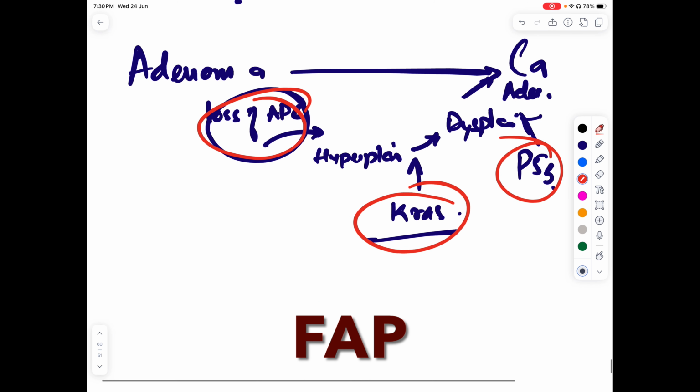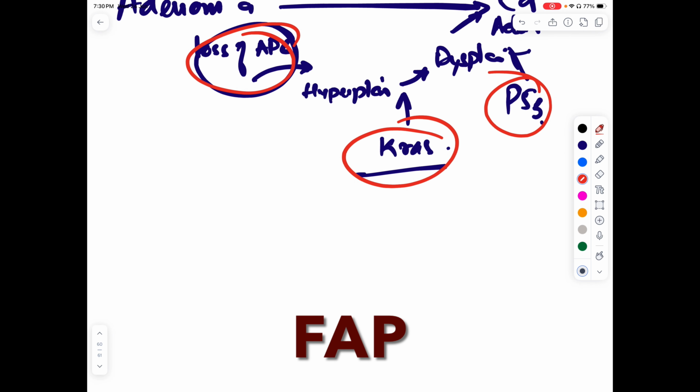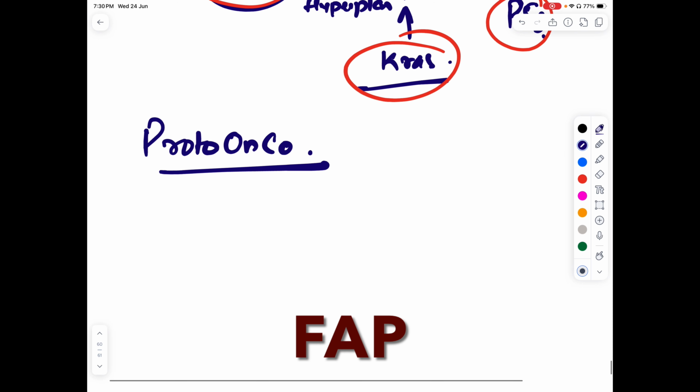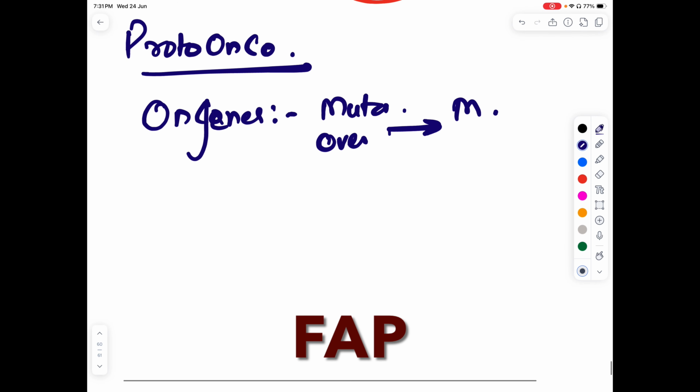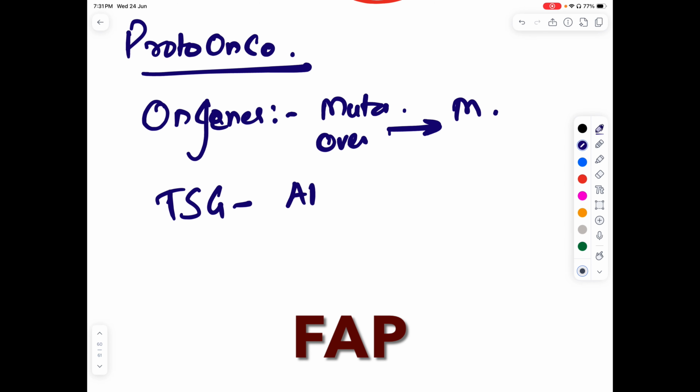What are proto-oncogenes? Proto-oncogenes are normal cell gene products that promote cell proliferation, and oncogenes are those that directly cause mutation or, when overexpressed, lead to malignancy. Tumor suppressor genes are APC and P53.